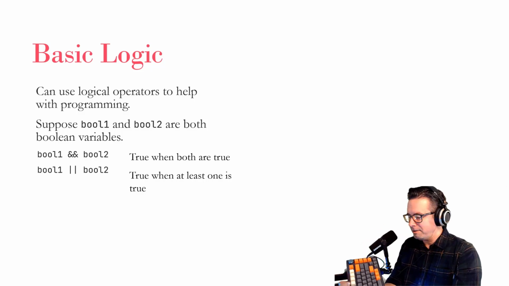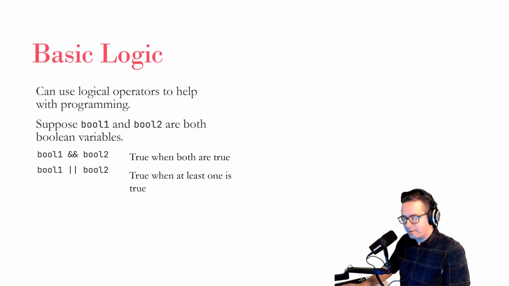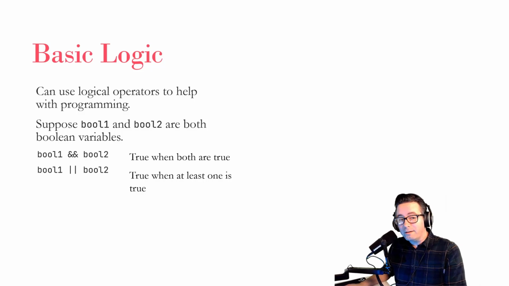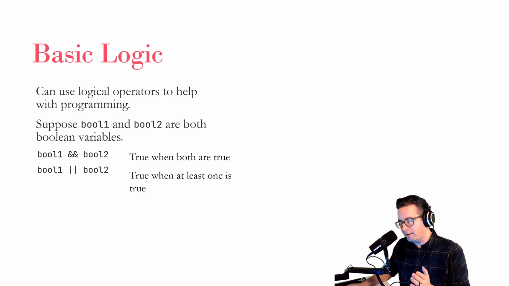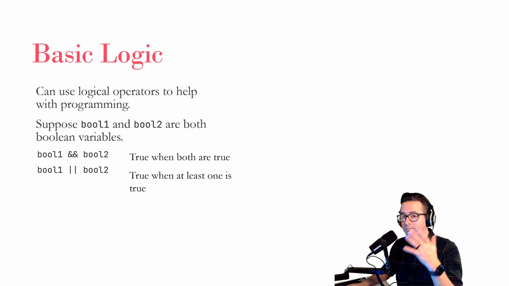I don't know how well you can see it with my light up keys. But anyways, that's where that one is. And so that means at least one of those is true. That's or. It's Boolean 1 is true or Boolean 2 is true is how we read that. So if both of them are true, we're good. If only one of them is true, we're good.